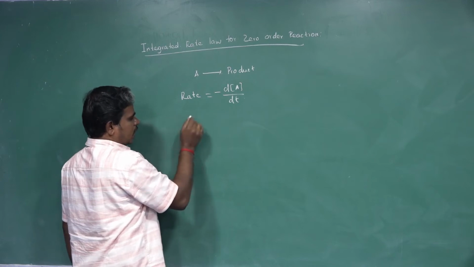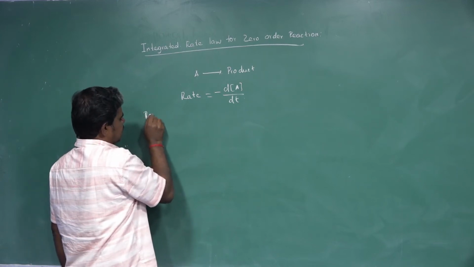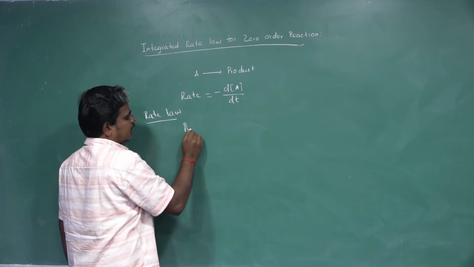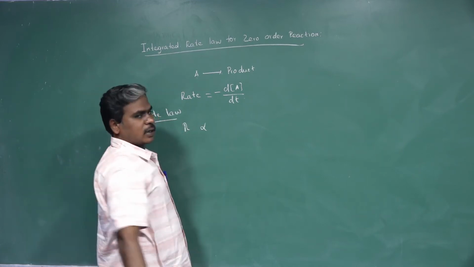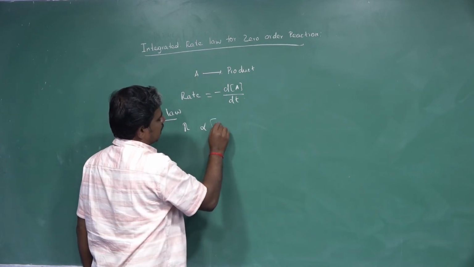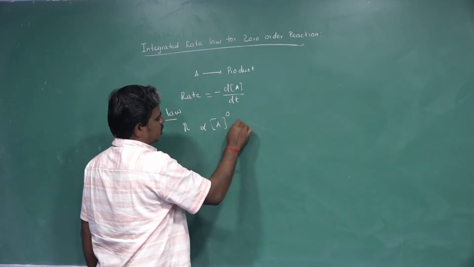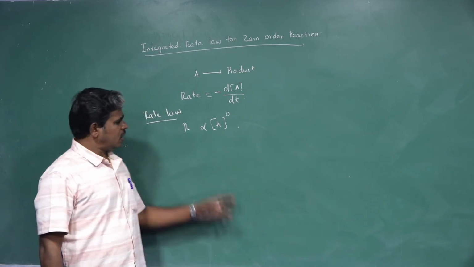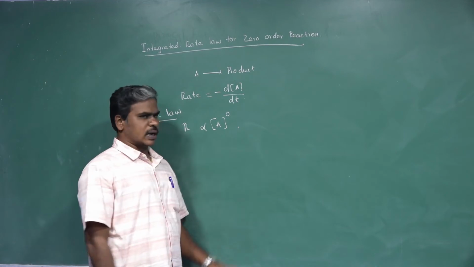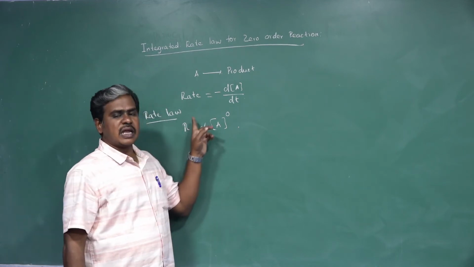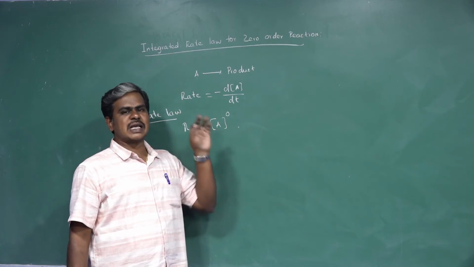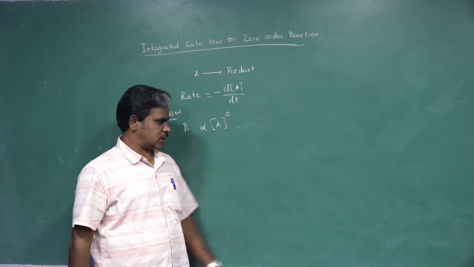According to the rate law, the rate is directly proportional to the concentration of the reactant, that is [A] to the power 0. Here we may define a zero order reaction. What is a zero order reaction? A reaction whose rate is independent of the concentration of the reactant is known as a zero order reaction.